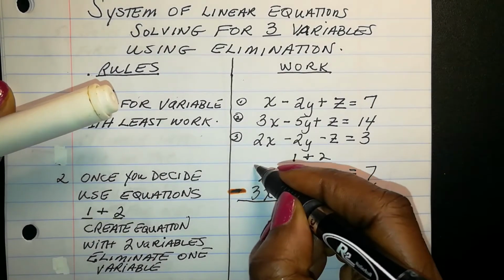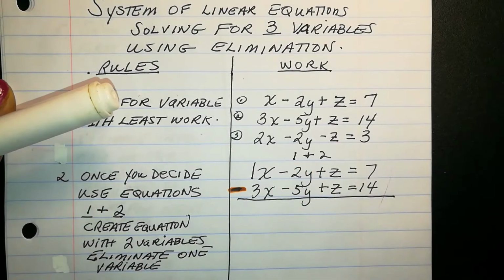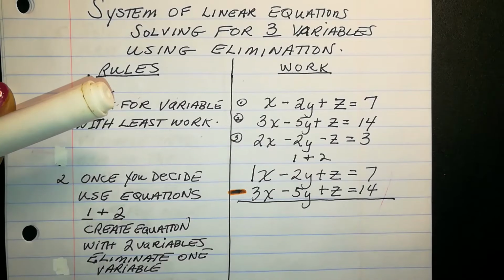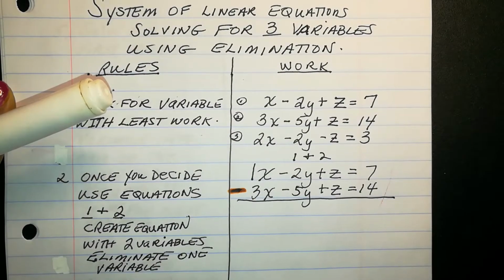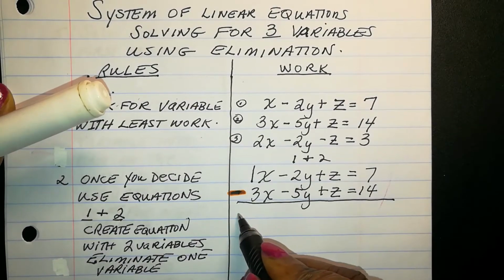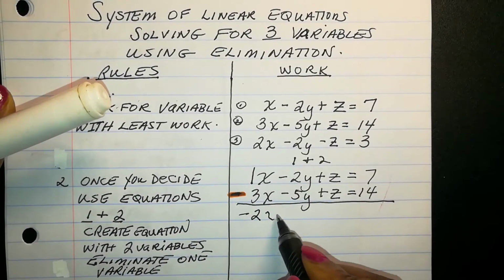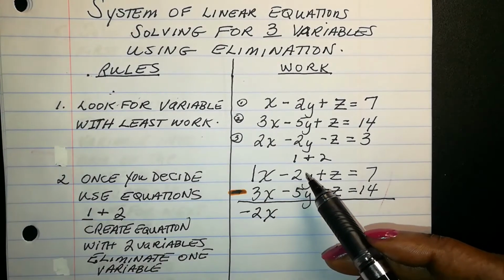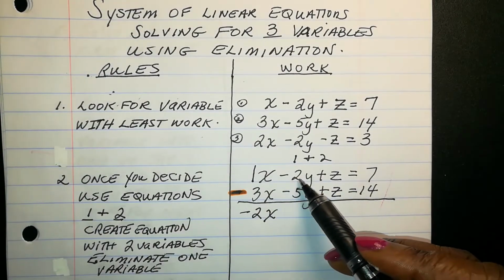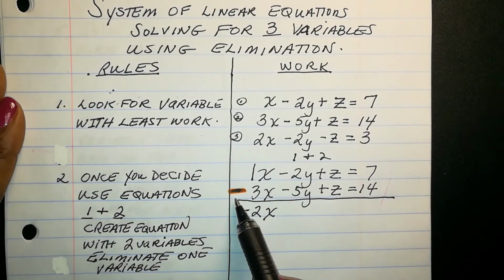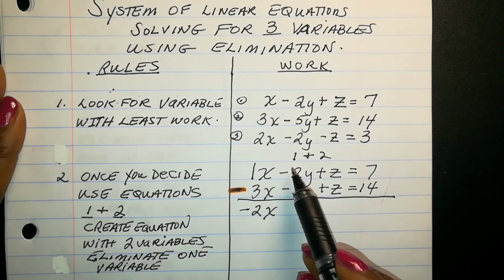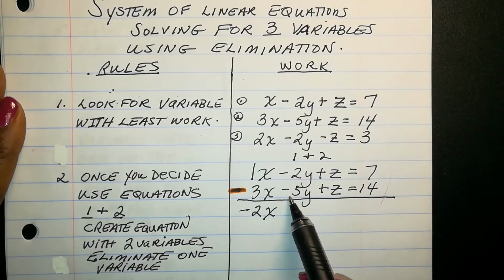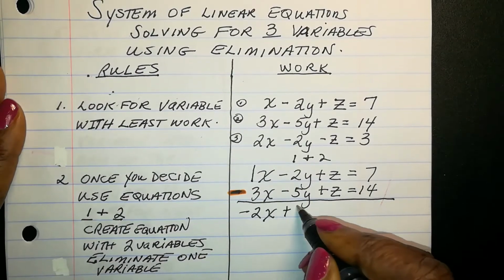Now watch. This would be 1 because there's no number represented, so that would be 1 minus 3. That's a positive 1 minus 3, which gives me a value of negative 2x. Now let's go on. This would be negative 2 minus a negative 5. A negative and a negative become a positive, so that's like saying negative 2 plus a positive 5. So that's a positive 3y.